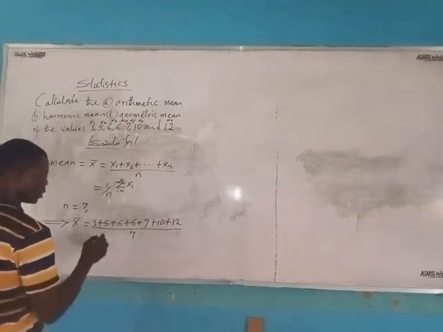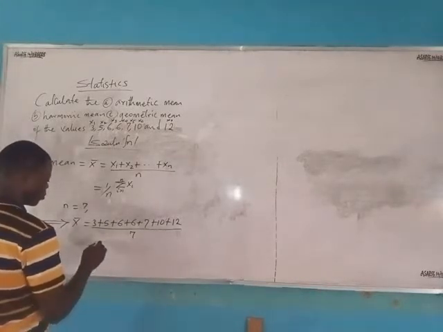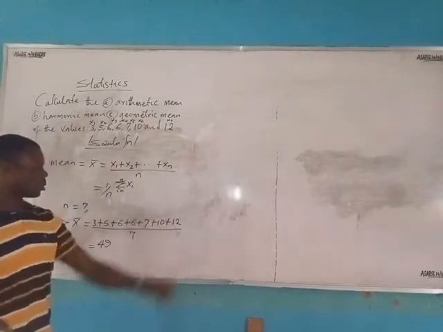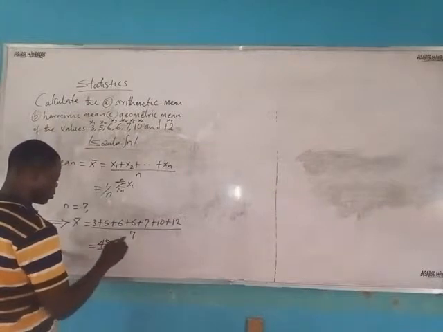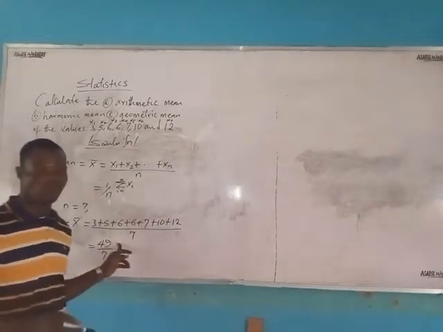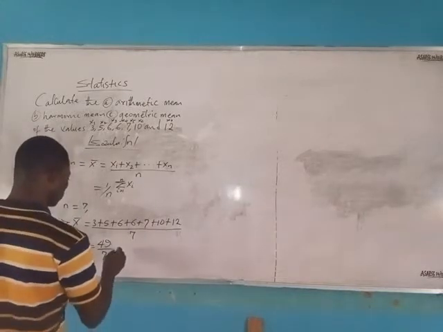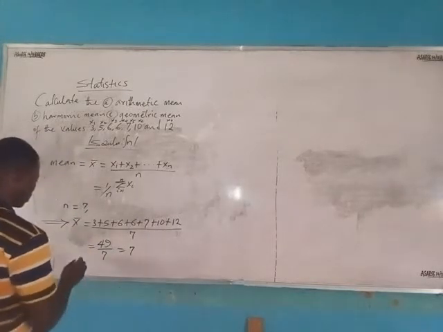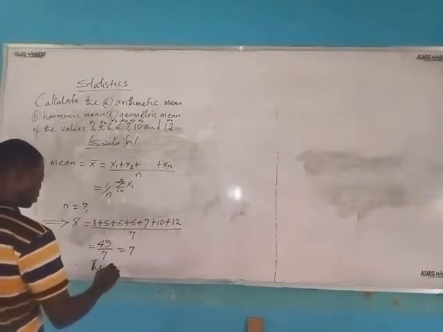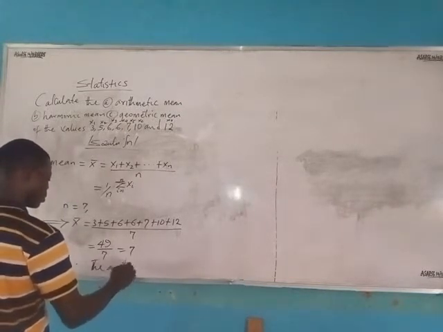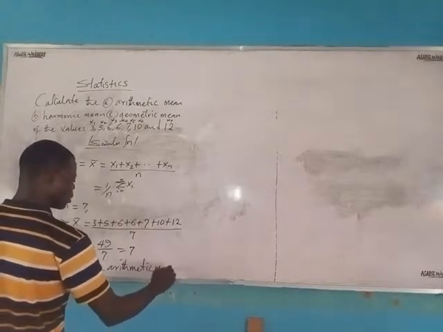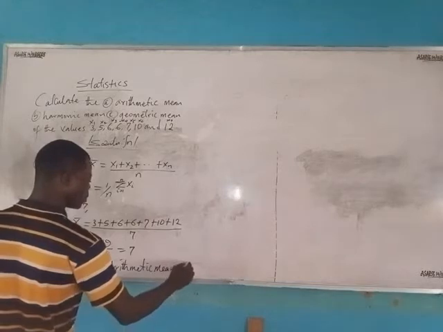If you add everything here, it gives you 49. You can use your calculator to add up. So 49 over 7, and if you divide 49 by 7, the answer is going to be 7. Therefore, the arithmetic mean is equal to 7.